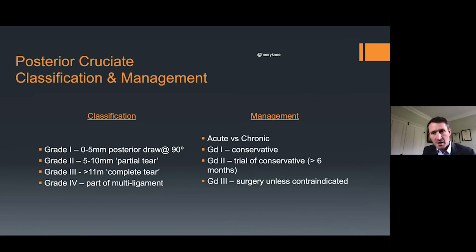The interesting thing about the posterior cruciate ligament is that, unlike the anterior cruciate ligament, it very, very rarely needs to be reconstructed. And the only ones that need reconstructing are people that have failed conservative management, or often as part of a multi-ligament injured knee, so other ligament injuries.